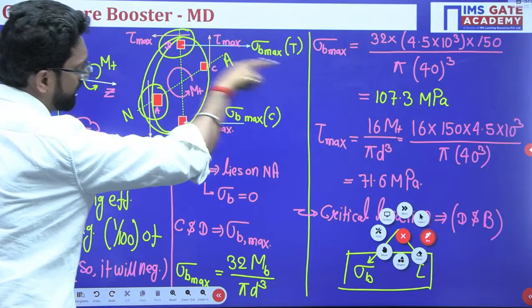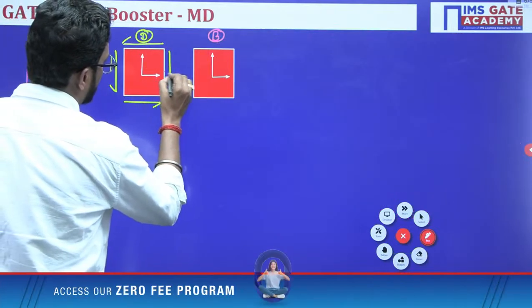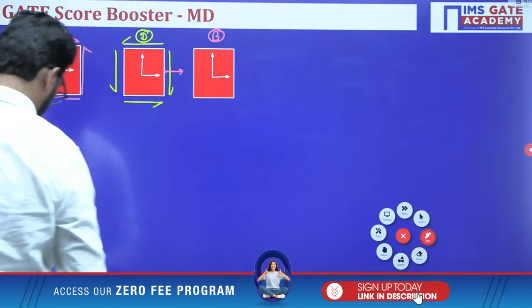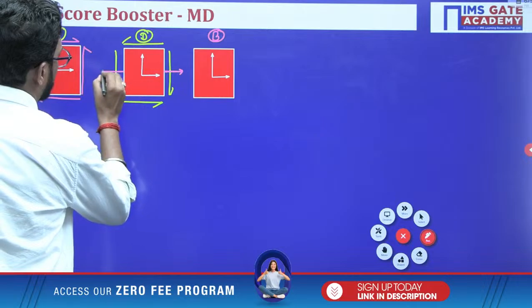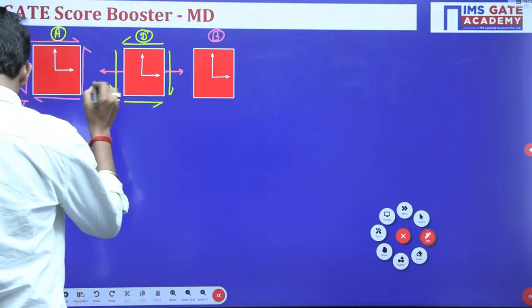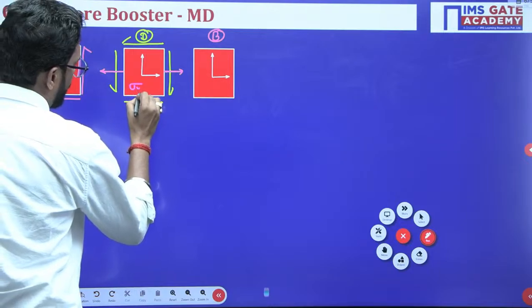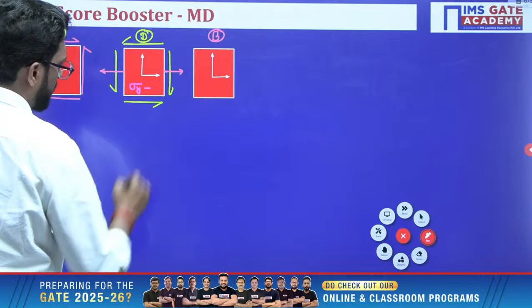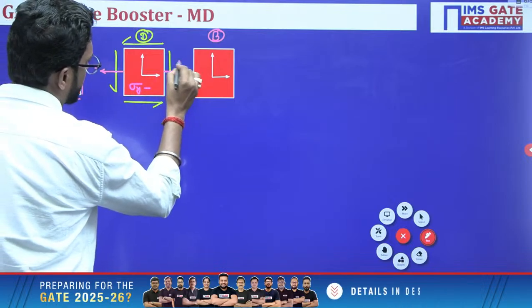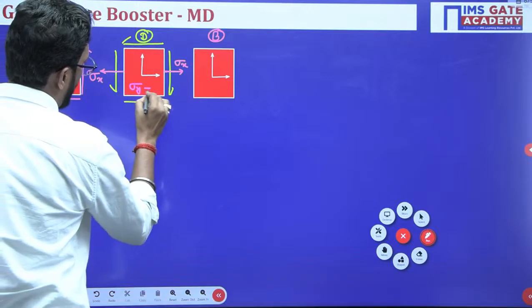So sigma x is there and sigma y is equal to 0.